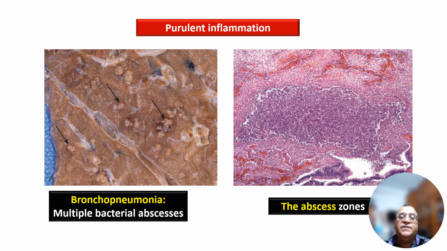Over here, the cut surface of the lung is showing numerous small yellowish bacterial abscesses that are seen in bronchopneumonia, and histologically the abscess is composed of a collection of neutrophils present in the central zone, and there are congested blood vessels surrounding these collections of neutrophils and dead tissue.